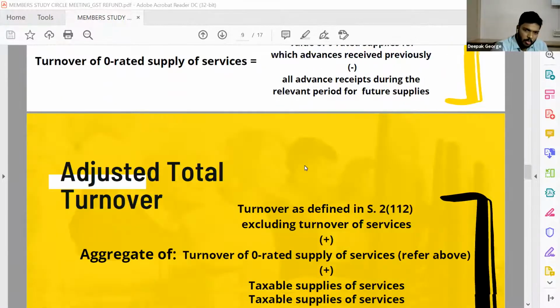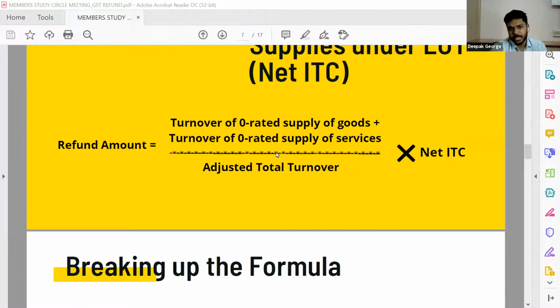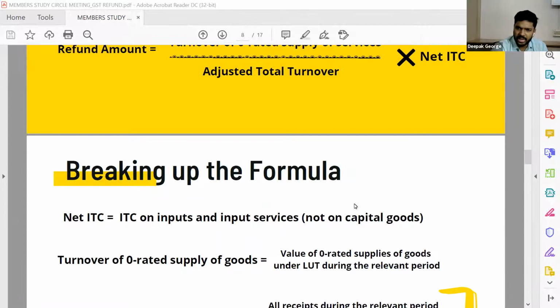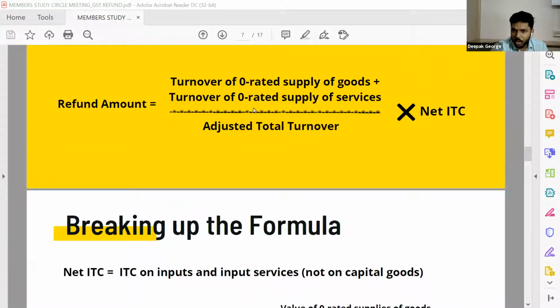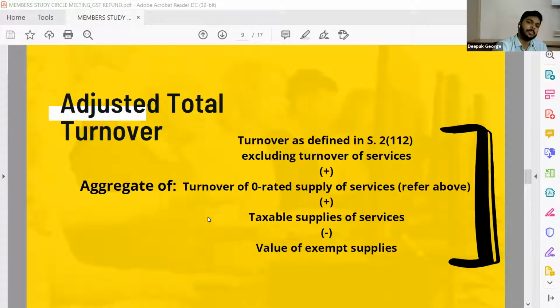Coming to the denominator, which is adjusted total turnover, I'll take you back to the formula. So we have completed these two, which is basically adding up your numerator. We have completed the multiplier, which is quite easy to understand. One rider is that you cannot take capital goods ITC into account. And now we'll come on to the even more complex denominator, the adjusted total turnover.